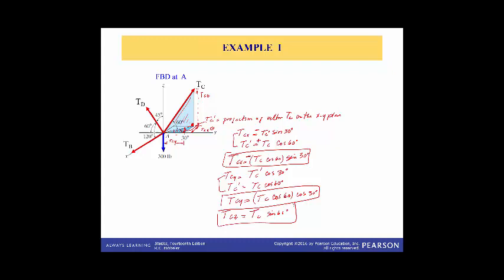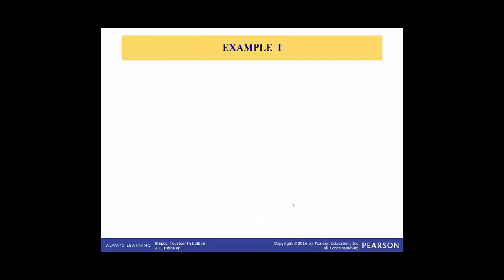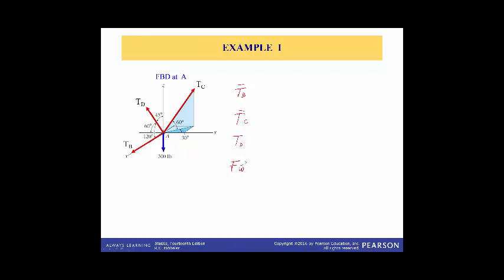So what I want to do is a summary of all the expressions, and I like to express it in terms of the vector TB, the vector TC, the vector TD, and then of course the weight.